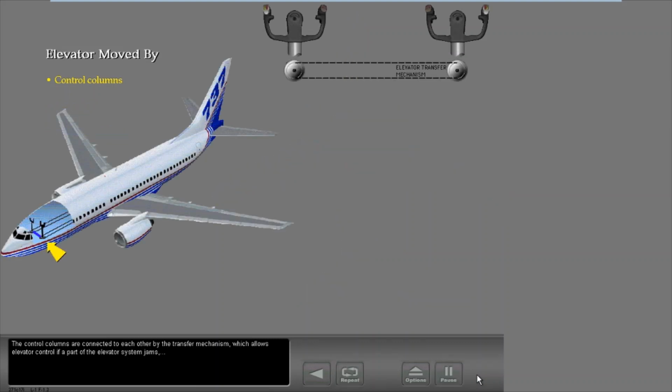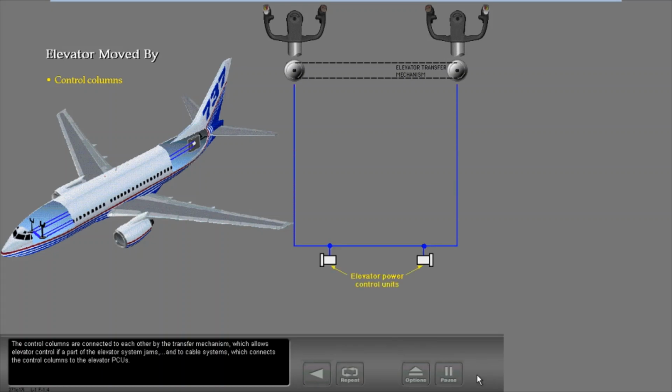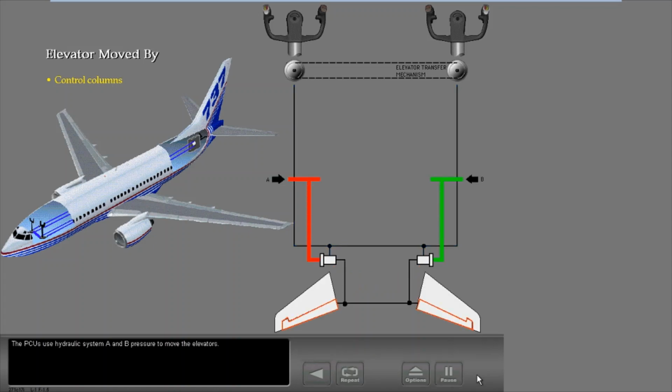The control columns are connected to each other by the transfer mechanism, which allows elevator control if a part of the elevator system jams, and to cable systems, which connects the control columns to the elevator PCUs. The PCUs use hydraulic system A and B pressure to move the elevators.